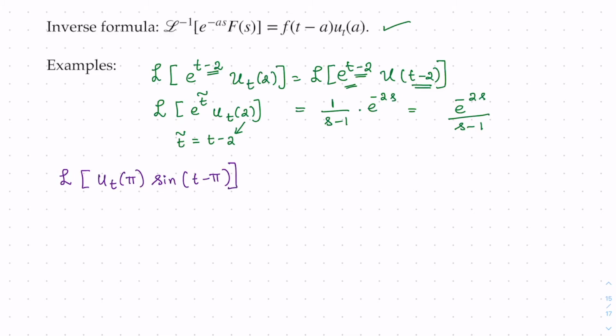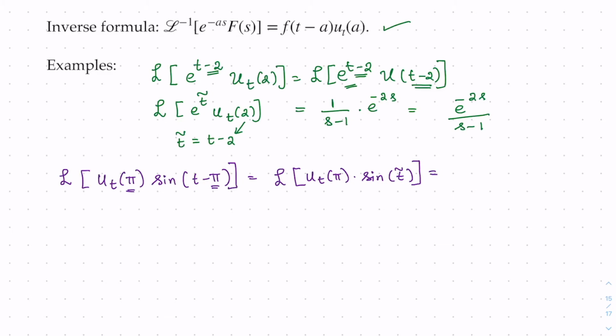What would that be? Since it's a pi and a pi, I'm going to rewrite it, for the sake of simplicity, as u t of pi times sine of t tilde, where t tilde is the t minus pi.